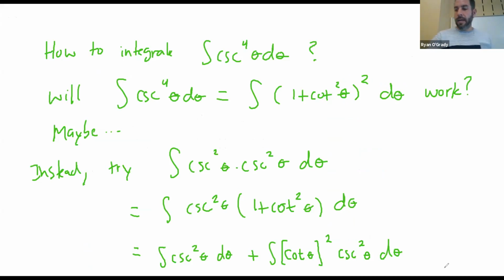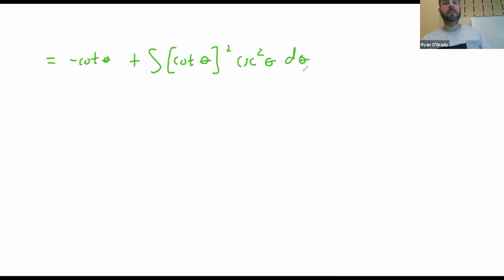So I'm going to write this down on the next page, step by step. This is negative the cotangent of theta, and then it's going to be plus this integral. I'm not going to touch the second integral yet. What a time to be alive.